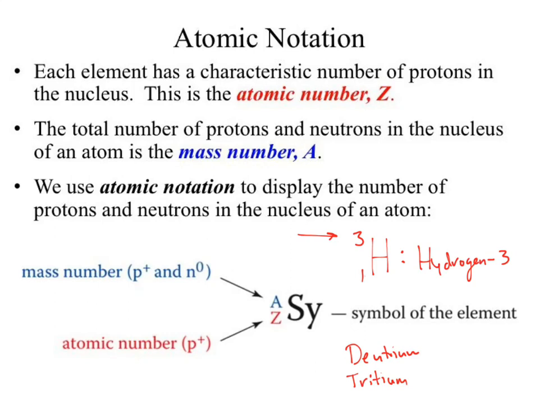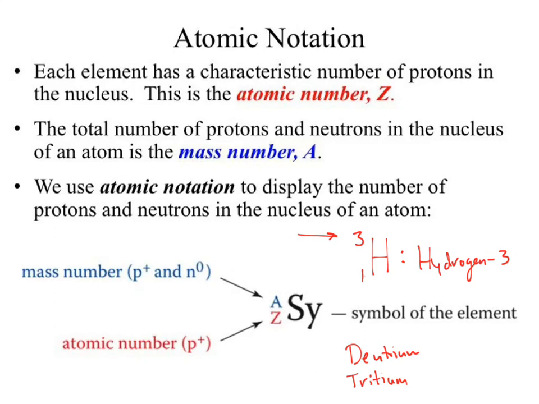Can I have 3 protons? 3 is the mass number. How do we determine the mass number? It's the sum of our protons and neutrons. If I have hydrogen, how many protons do I have? 1.